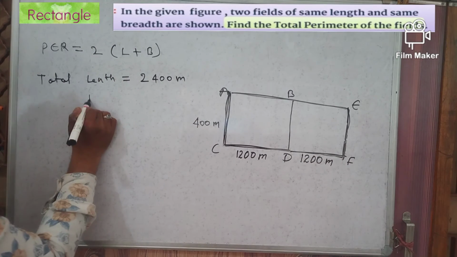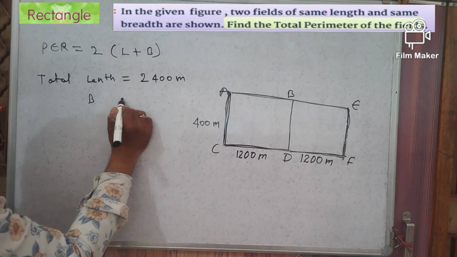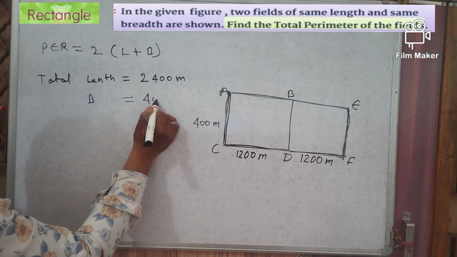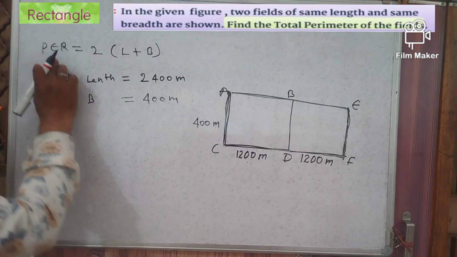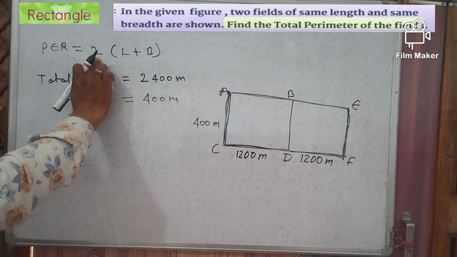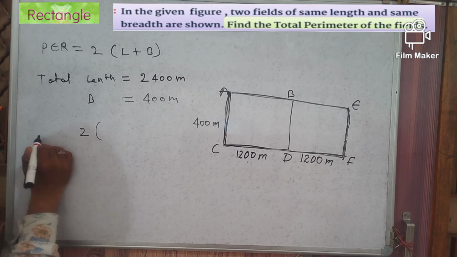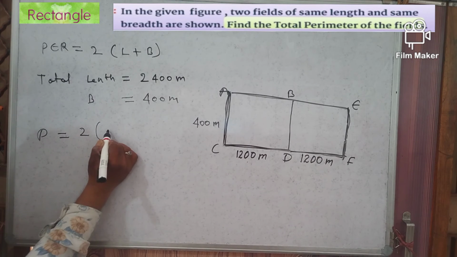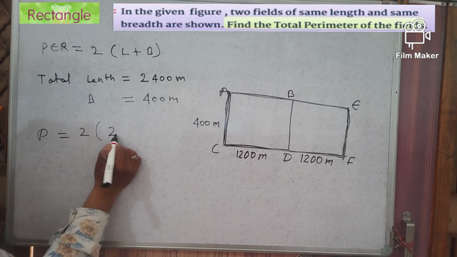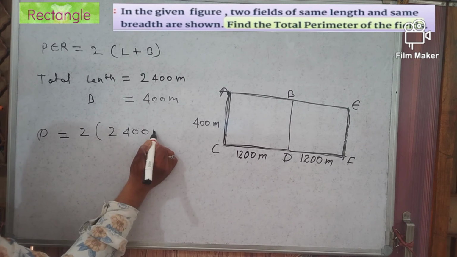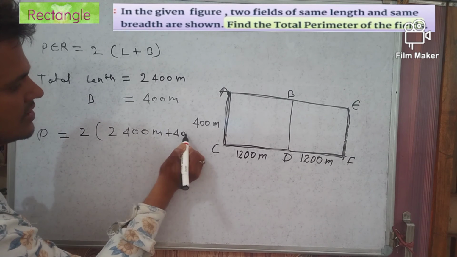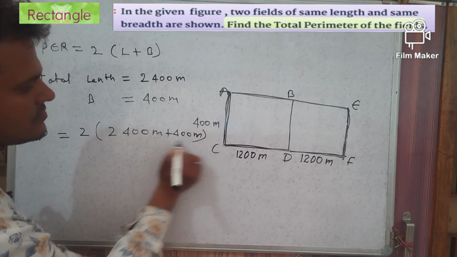So breadth is equal to 400 meter. Perimeter is equal to 2 into (L plus B). So perimeter is equal to 2 into (2400 meter plus 400 meter).